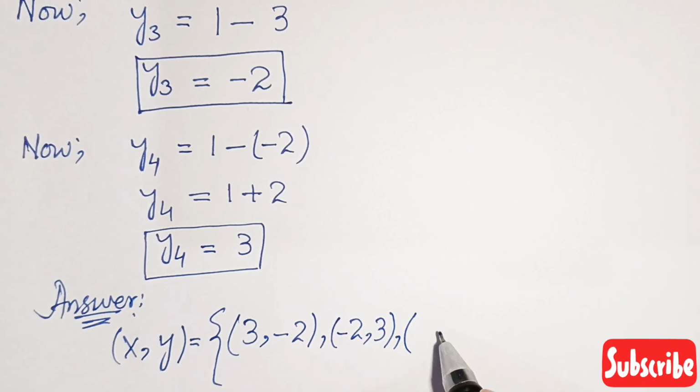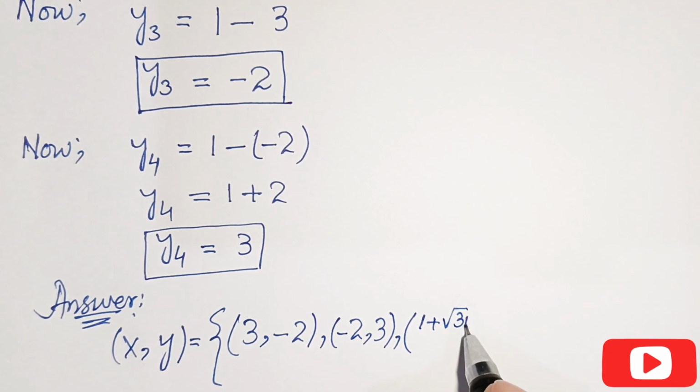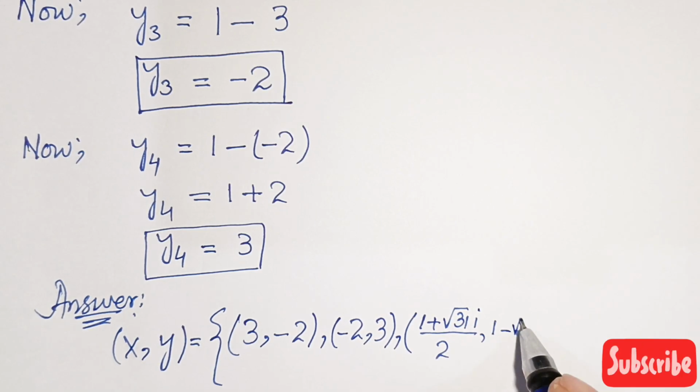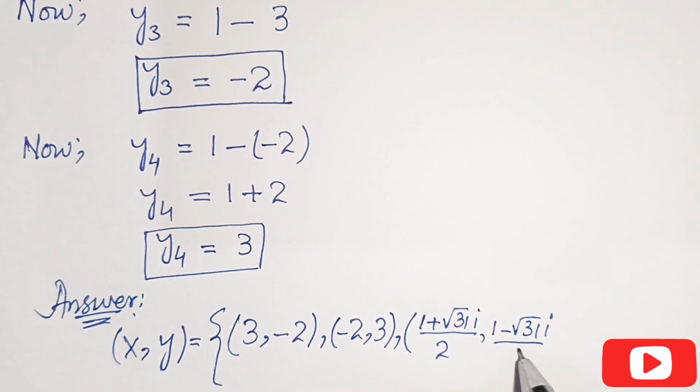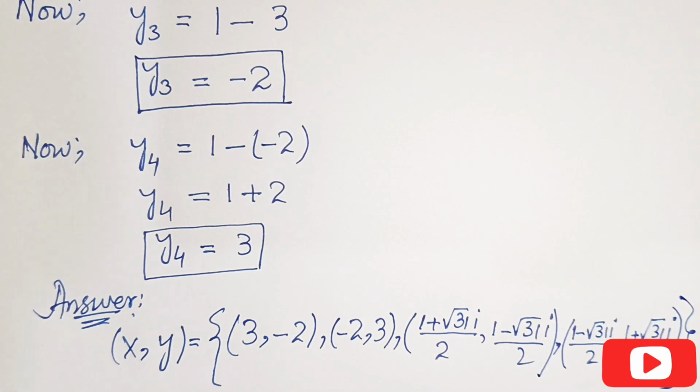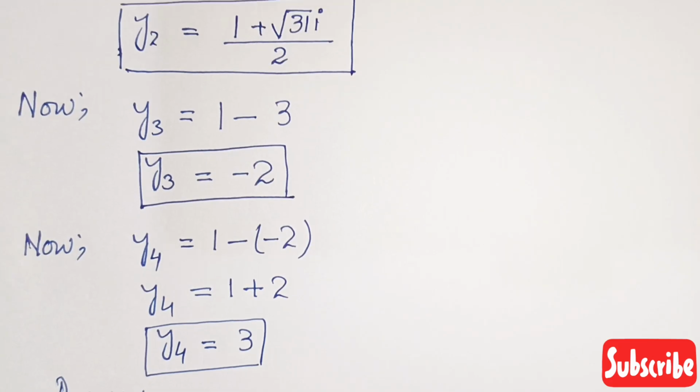Our third pair is 1 plus square root of 31i over 2, and 1 minus square root of 31i over 2, and our last pair is 1 minus square root of 31i over 2, and 1 plus square root of 31i over 2. So here we get all possible values of x and y, which is our final answer. Now we can check our entire solution here step by step.